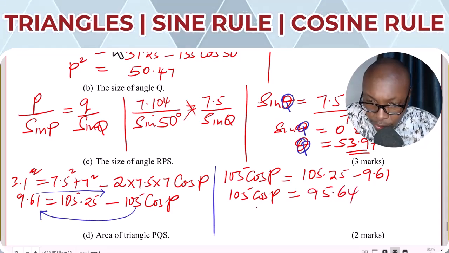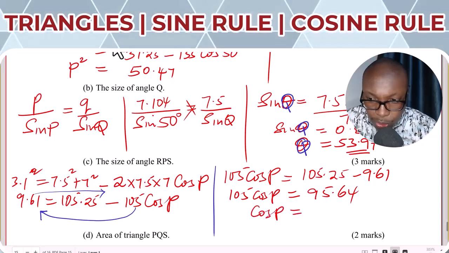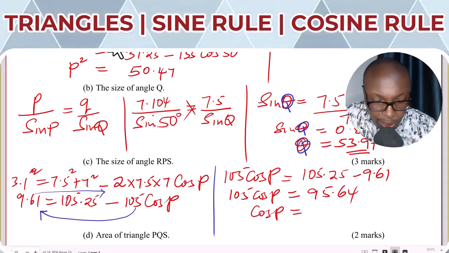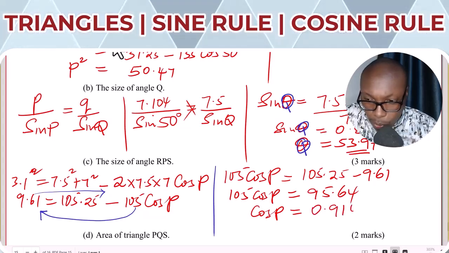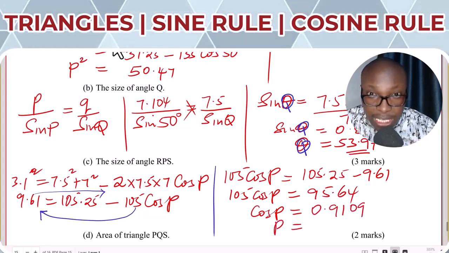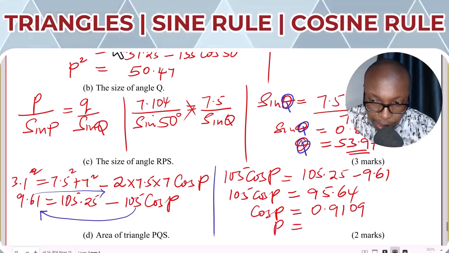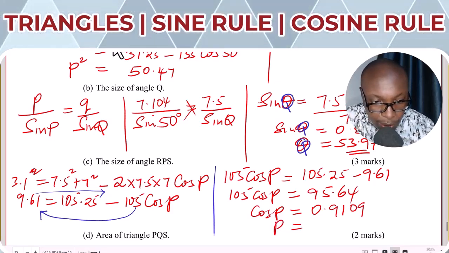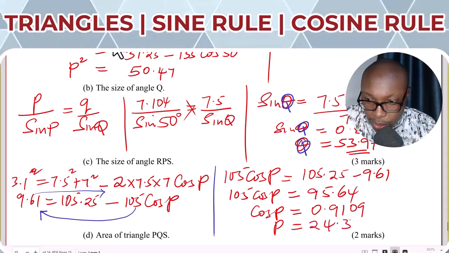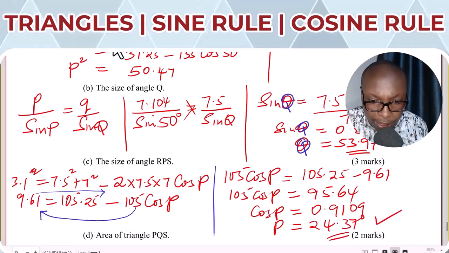Dividing both sides by 105, you get 95.64 divided by 105, which gives 0.9109. To get P now, get the cos inverse of both sides. Cos inverse of cos P gives P. The cos inverse of 0.9109 will give 24.37 degrees. That is all about part C.